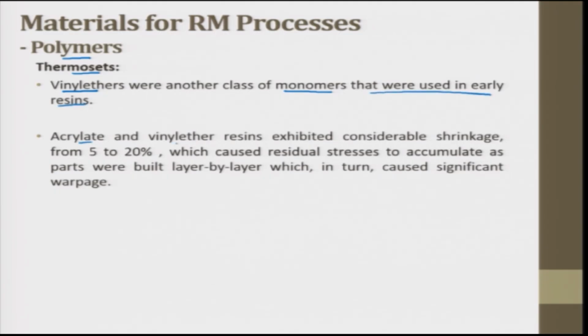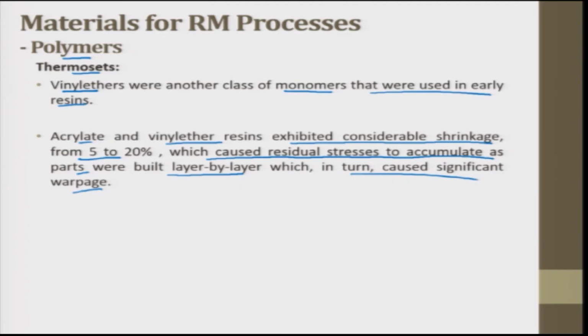Acrylate and vinyl ether resins exhibited considerable shrinkage from 5 to 20%, which caused residual stresses to accumulate as parts were built layer by layer, which in turn caused significant warpage. So these are certain disadvantages with these thermoset materials, but these are still used.